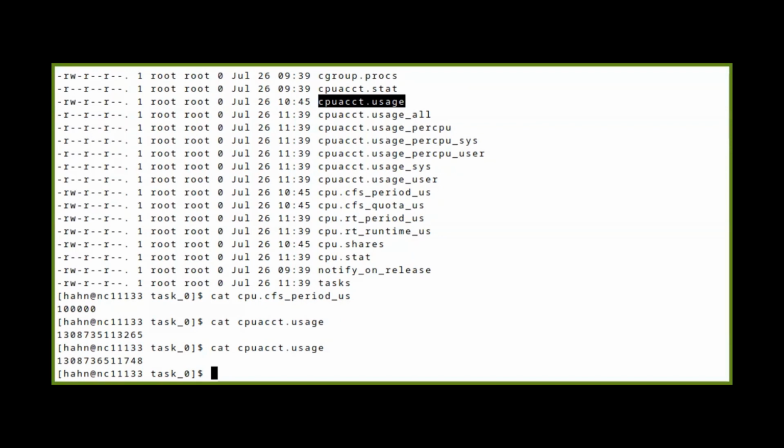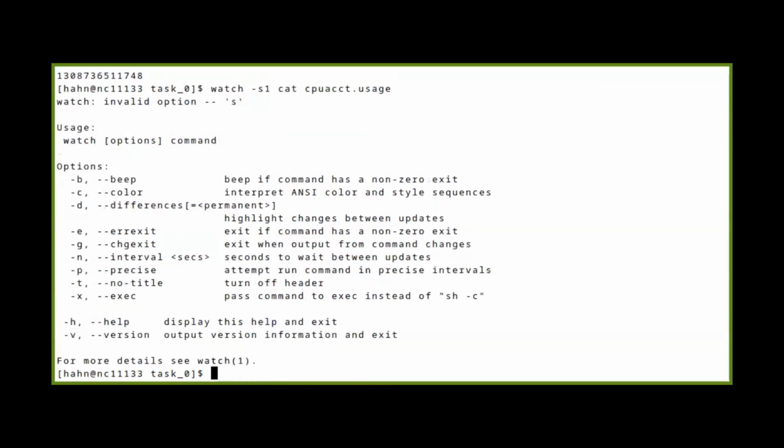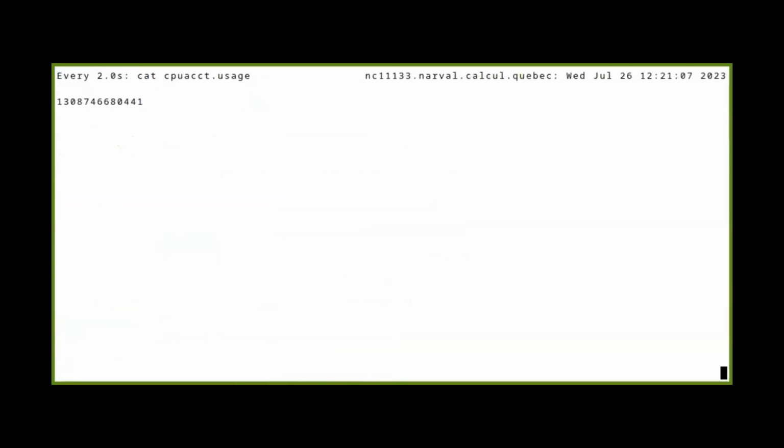Nothing very busy is happening in this C group, so not much CPU usage is going on. I'm not sure what these units are, maybe hundredths of a second. No, it's incrementing much too fast for that.